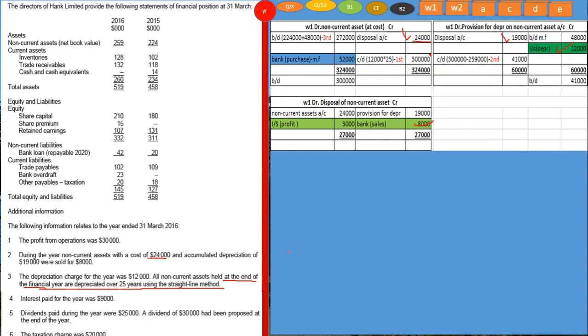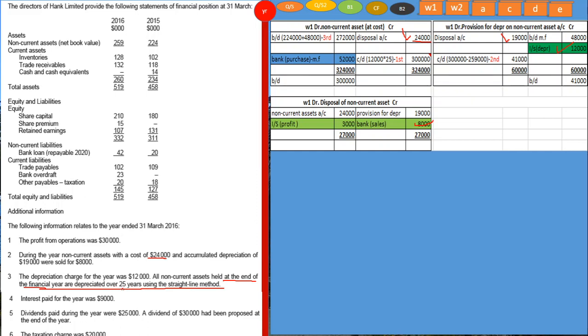Under the straight line method, the amount of depreciation remains constant for all the years. It means whatever assets you have at the end are going to be depreciated over 25 years.